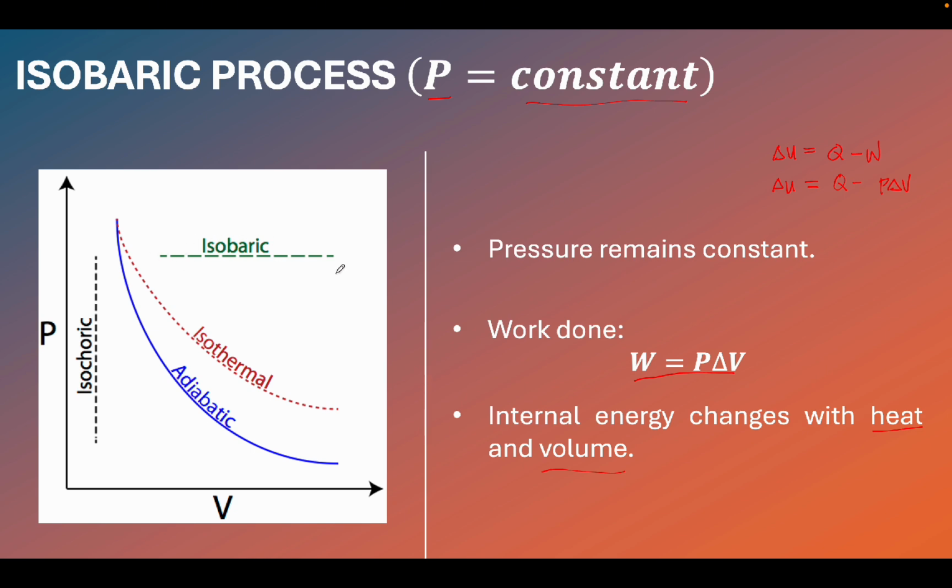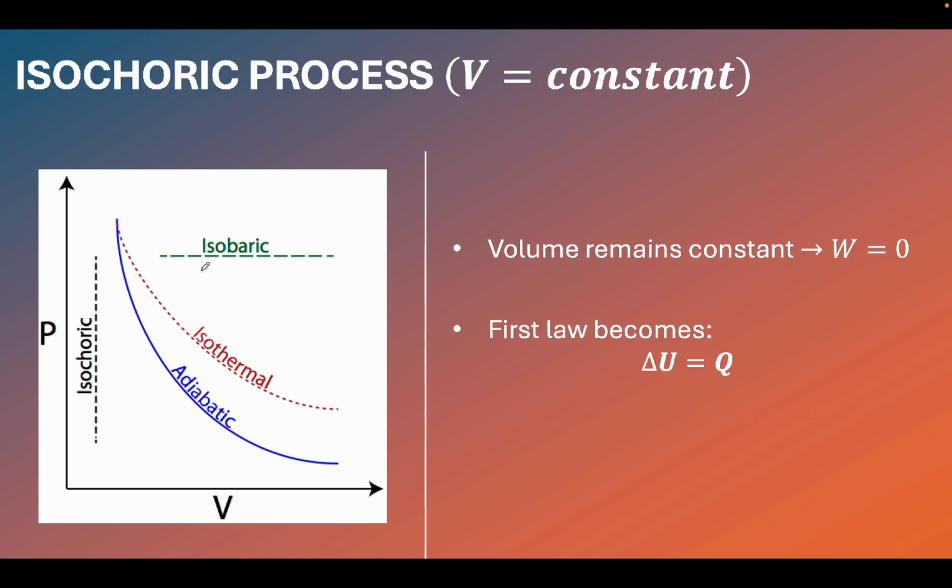So, constant pressure. No increase, no decrease, it's constant. So, it is a straight, horizontal broken line, this green broken line. So, that is isobaric.